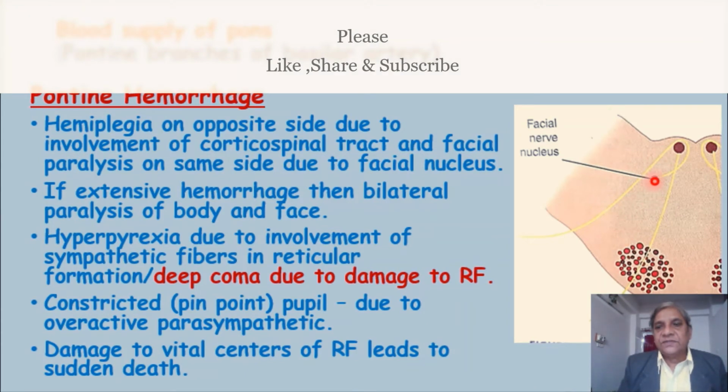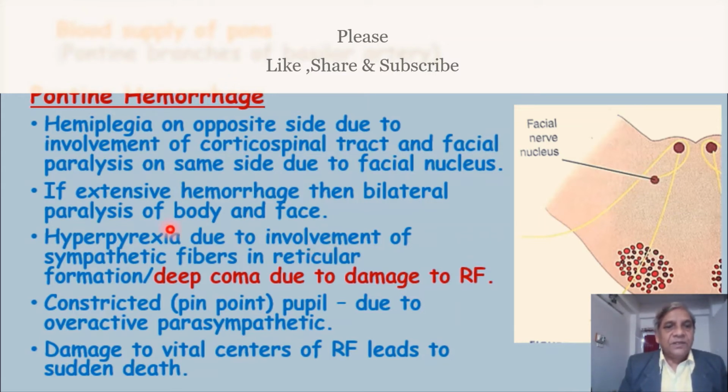See, this is the facial nucleus at the pontine level, and this is the abducent nerve nucleus. If in the pontine hemorrhage this nerve and nucleus are also damaged, there will be facial paralysis on the same side, but on the opposite side there will be paralysis of the limbs and trunk.